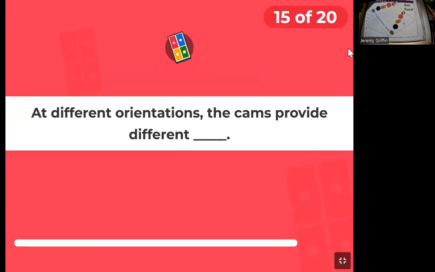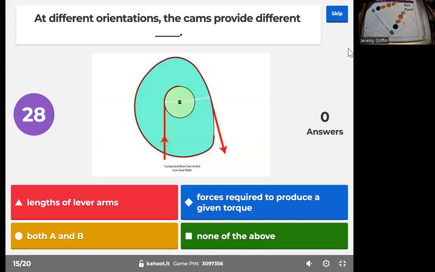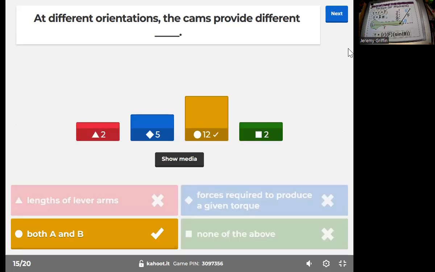At different orientations, the cams provide different lever arms. If I'm pulling on that rope on the right, it feels wonky.